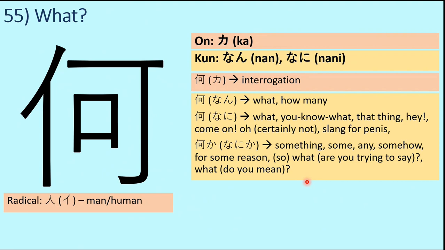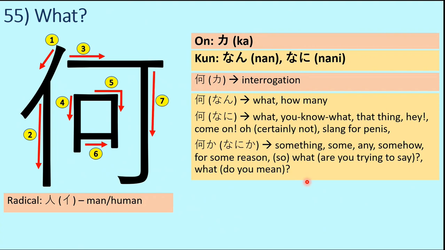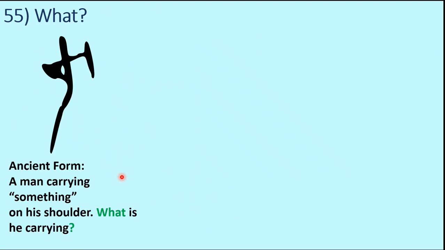It is derived from the man or human or person radical, and these are the stroke orders. This is the stroke order for this. You have to carefully remember the stroke order: first stroke, second stroke, third stroke, fourth stroke, fifth stroke, sixth stroke, and the final stroke. In this order, you have to write it.